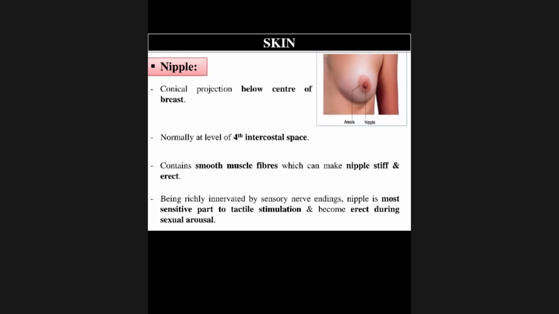For the time being, just remember that intercostal means in between two ribs, so the fourth intercostal space is the space between the fourth and fifth ribs. The nipple contains smooth muscle fibers, and because of these the nipple becomes stiff and erect.